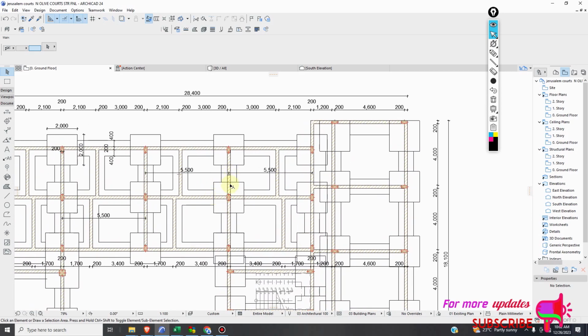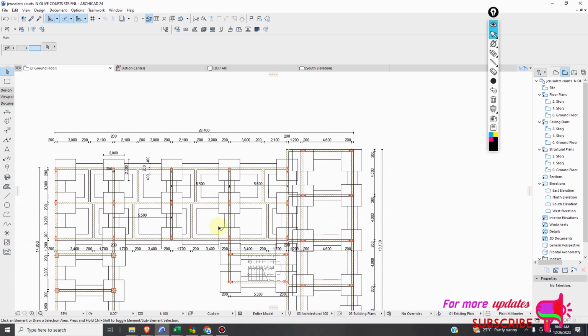Now it is this beam plus this beam plus the load from, let's say, this slab only. So now I have a secondary beam. So we can just use the long one. So it will be 3.2 and then 3.4.